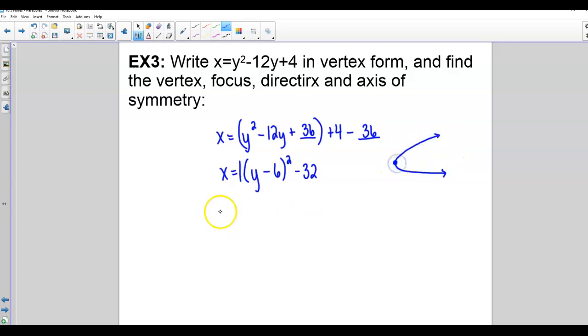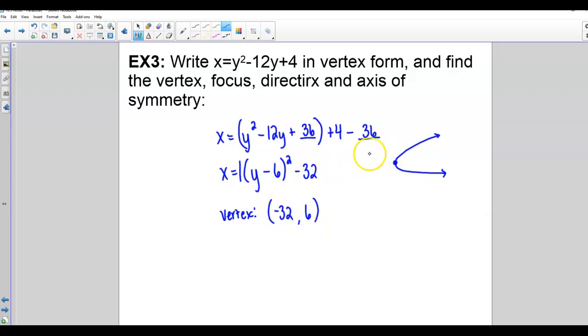And my vertex for this, remember to be very careful with your vertex. I've got the 6 right here, but it goes with my y. So 6 is my y coordinate. Use the opposite sign because it's inside of the parentheses. The y is here, so it's my y coordinate. This other number, this negative 32, that is my x coordinate.